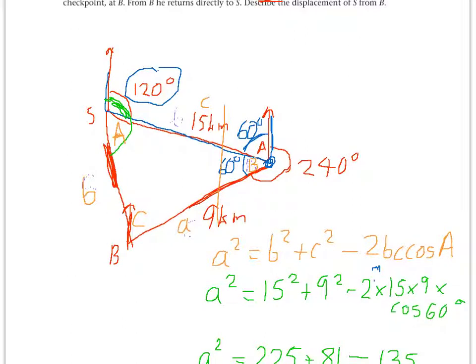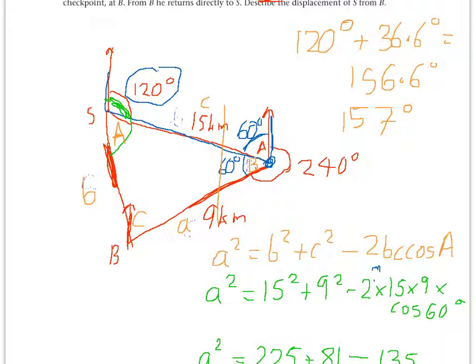Remember that 36.6 is this section between here and here. And we know that this section here is 120. So to find our bearing, the last step would be to do 120 degrees, add on our 36.6 degrees, which makes 156.6 degrees. But remember, bearings can only have 3 digits, so we're going to make this 157 degrees. So our bearing of B from S is 157 degrees.